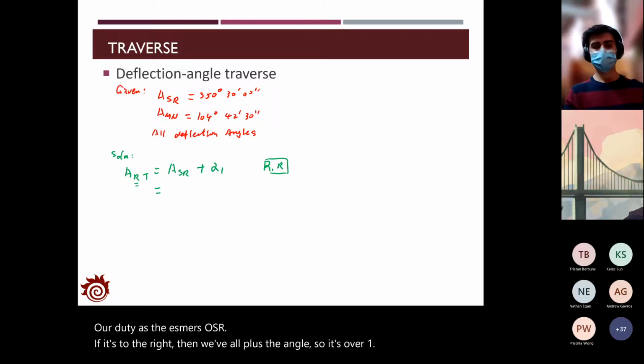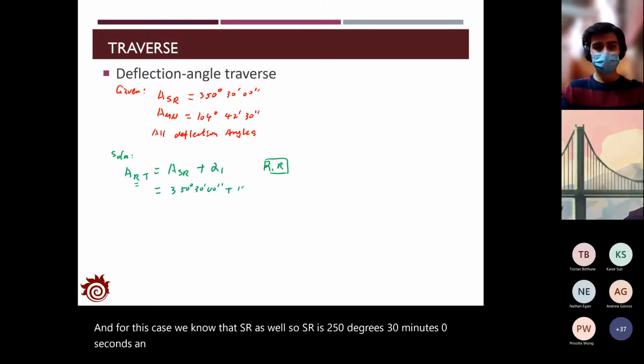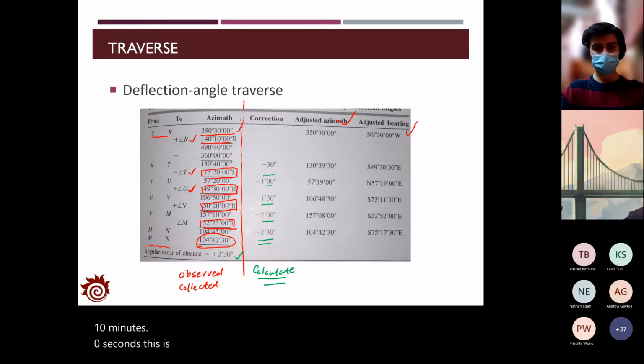And for this case, we know that the azimuth of SR is 350 degrees, 30 minutes, 0 seconds, and alpha 1 is 140 degrees, 10 minutes, 0 seconds. This comes from the observation.